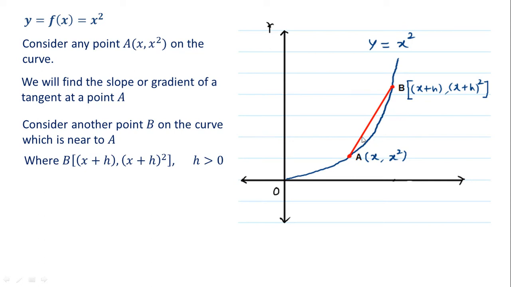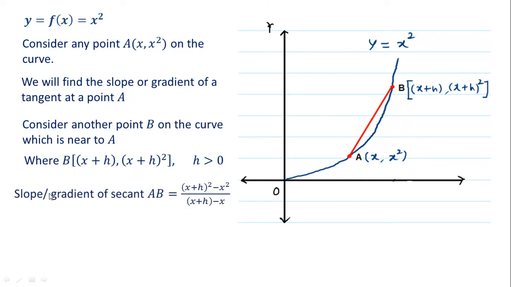Now the segment AB, shown by this line, is called the secant AB.